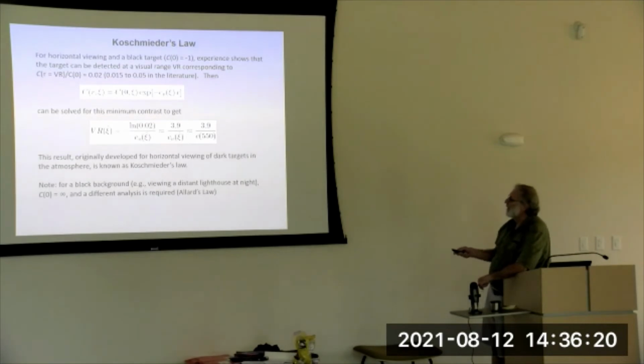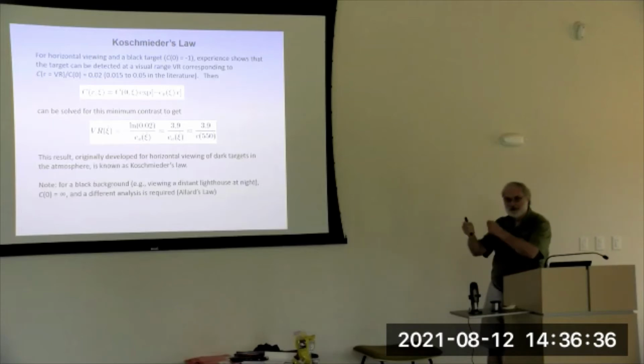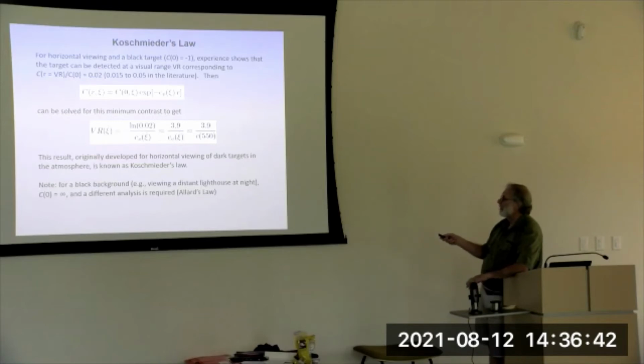Okay, then if you take, let's say 2% here and say, well, I'm going to plug in 0.02 here, and I'm going to plug in my beam c at 550 and solve for what distance gives me a 2% apparent contrast. Well, you just plug in there. It's about 4 over beam c at 550.